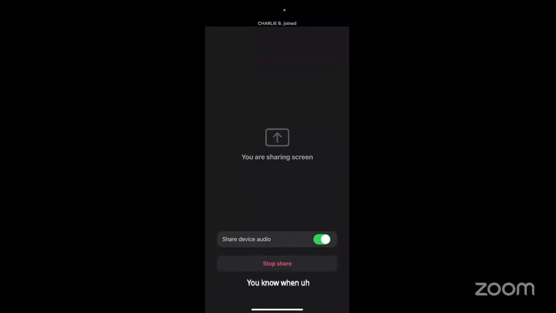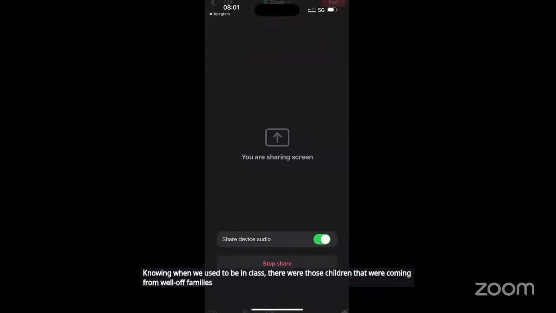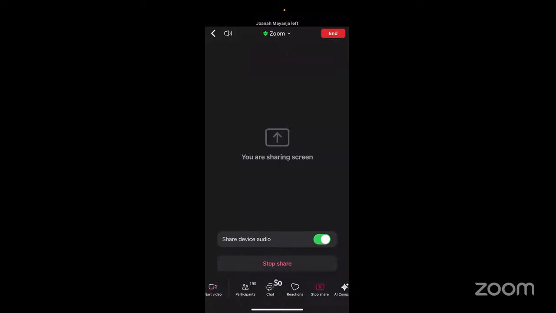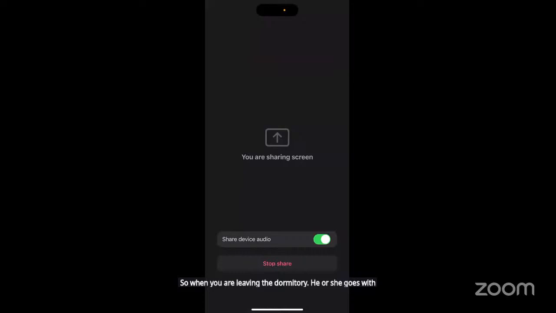When we used to be in class, there were those children that were coming from well-off families. The teacher is teaching, and the child has popcorns. So when you are leaving the dormitory, he or she goes with the popcorn in the class. They have quencher.